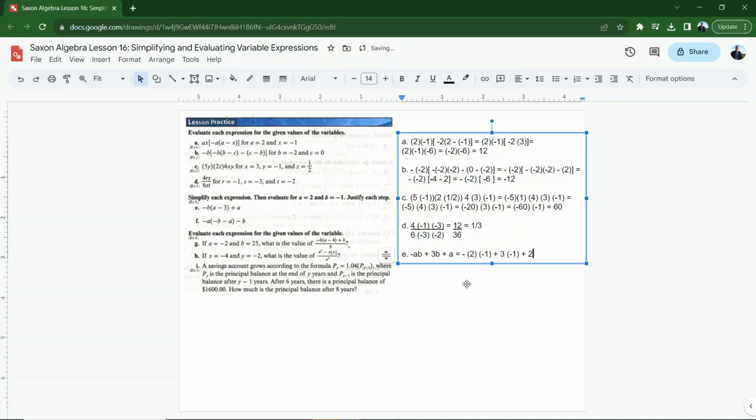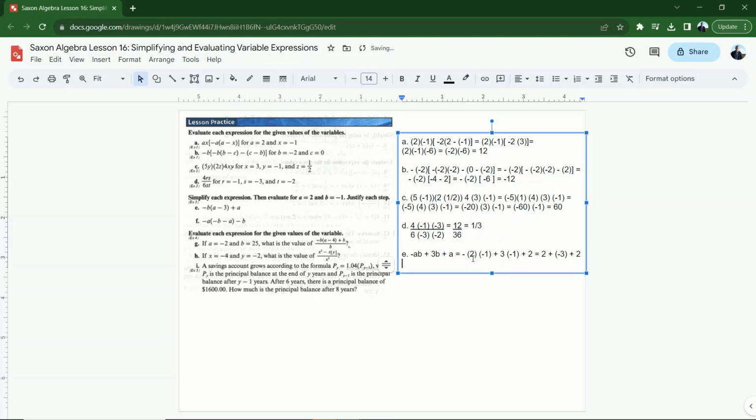That's how we solve this one. Now I'm just going to simplify from left to right, because I don't have any inclusion symbols that have operations happening inside. So -2 times -1 is 2. Plus 3 times -1 is -3, so it's plus -3, and then plus 2.